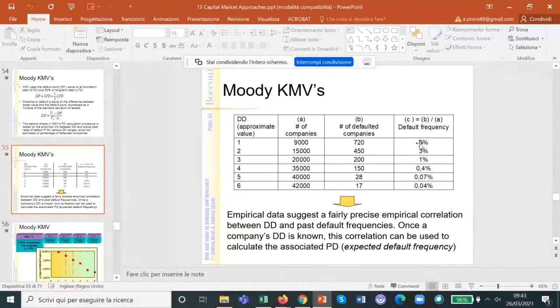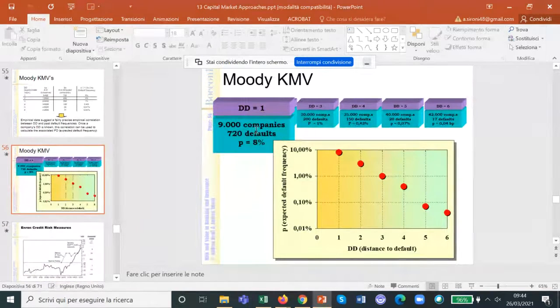Those PDs are called, in Moody's KMV model, expected default frequencies, or EDFs. So basically, a company's PD is a function of its distance to default. The probability of default is very much empirical data that we take from the default frequencies of companies with different distances to default.